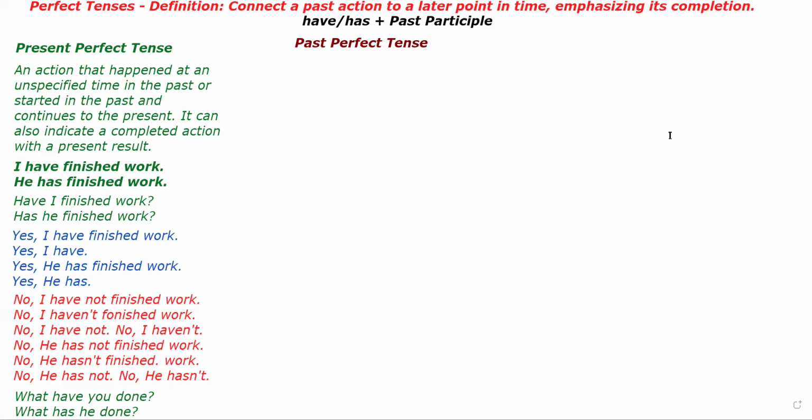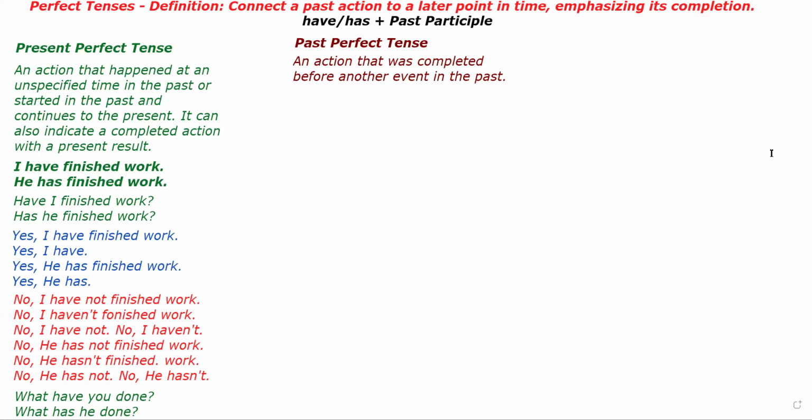We're gonna say the past perfect tense is an action that was completed before another event in the past.